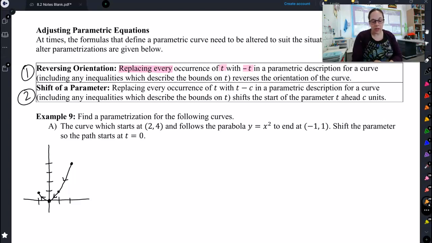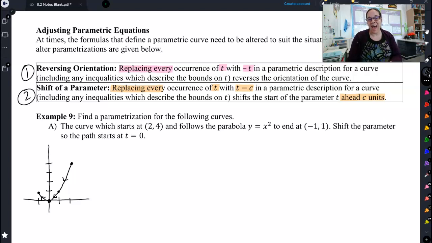And what we do here is we're going to replace every t with a t minus c. And c is how much we want to shift it. And that minus c will shift the parameter ahead c units. So let's say t is like on a line segment, every t goes from 0 to 1, but I actually want t to go from 1 to 2.